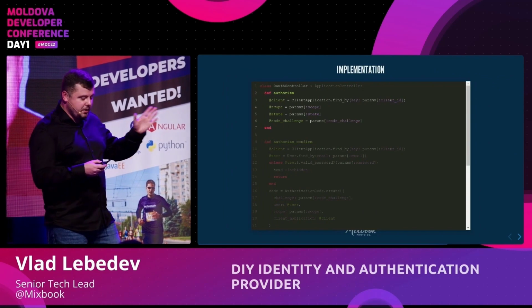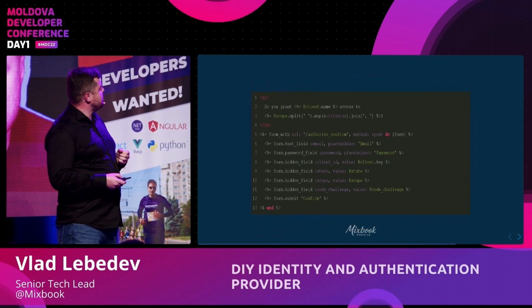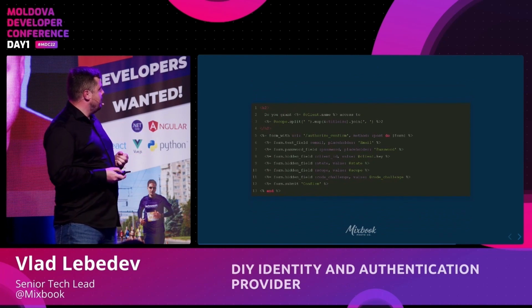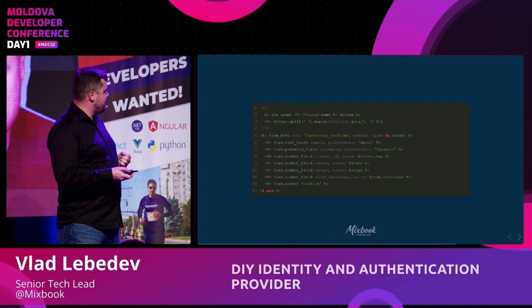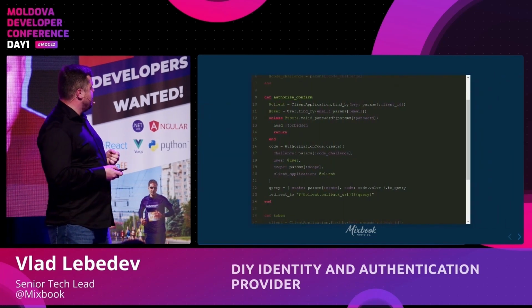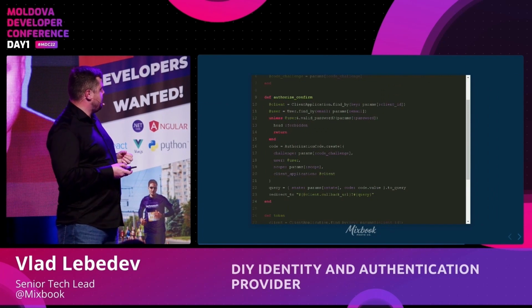And here's a very primitive implementation. Here's how the authorization endpoint looks, and here's the view of it. You show the requested scopes, and when you confirm the prompt, you get to the authorization confirmation endpoint, and here's what happens.